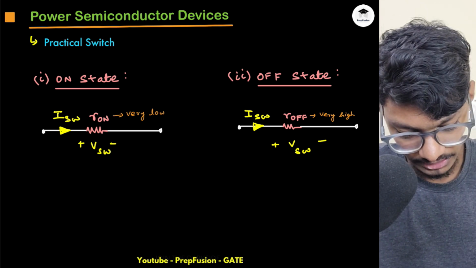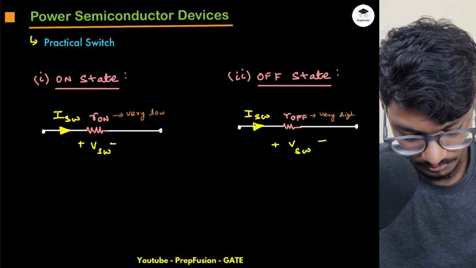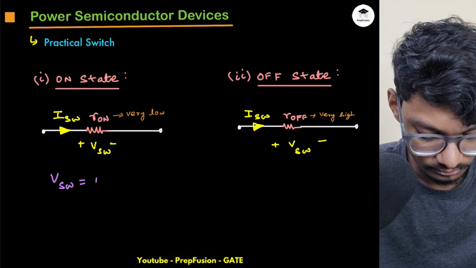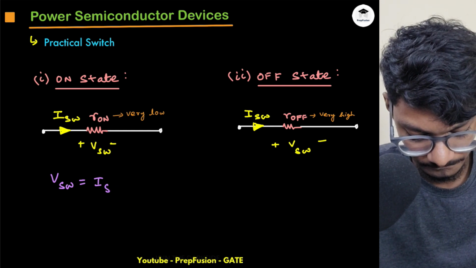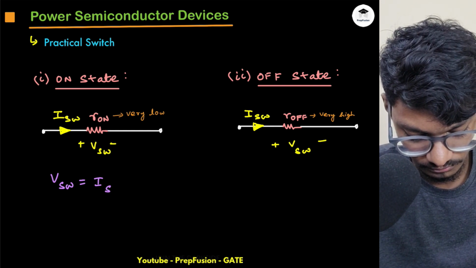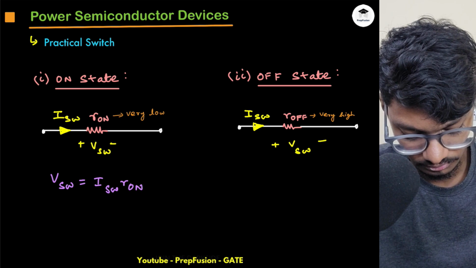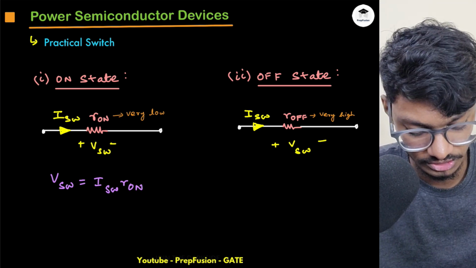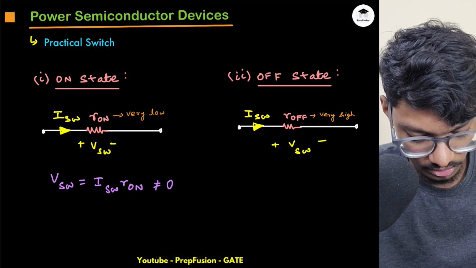So V_switch equals I_switch times R_on, right? This is the voltage drop. This time my V_switch is not equal to 0 volts, as it was for the previous case.